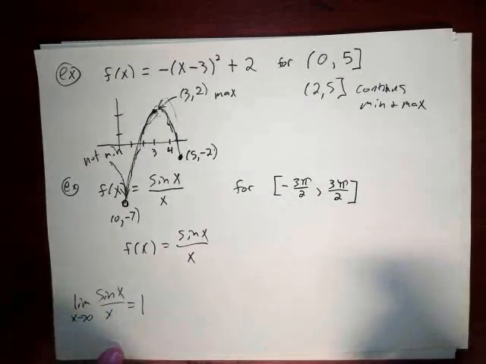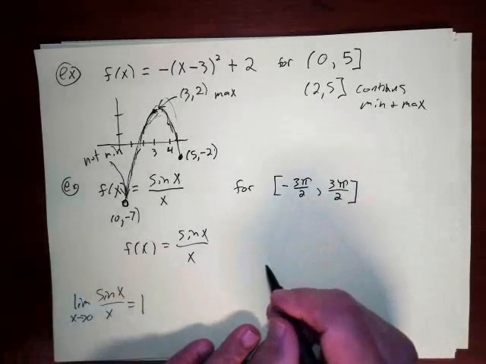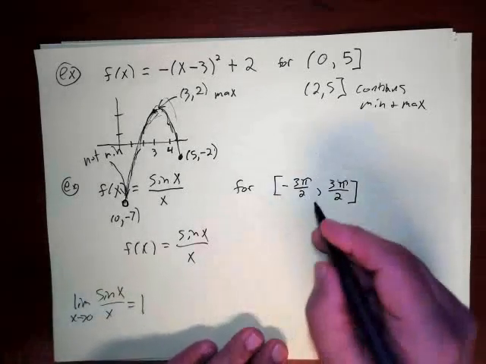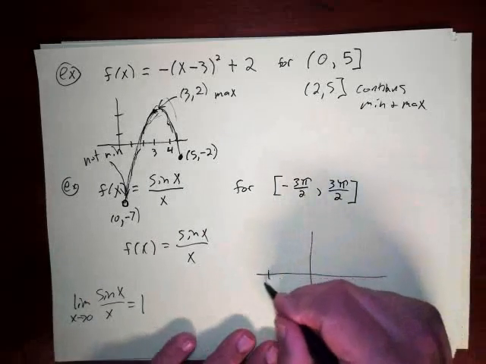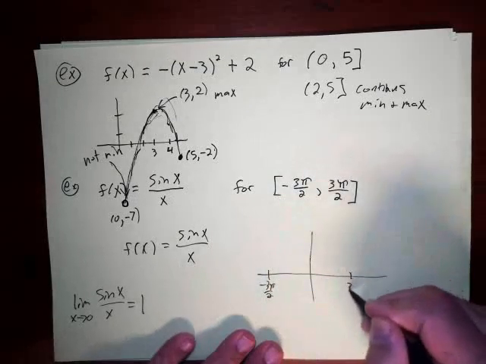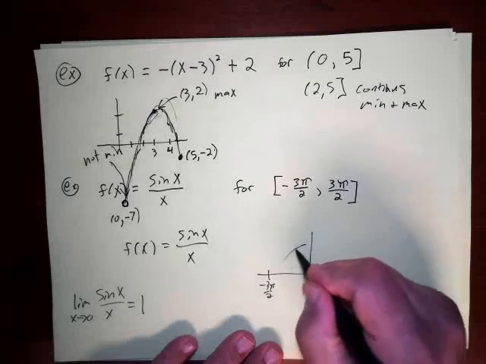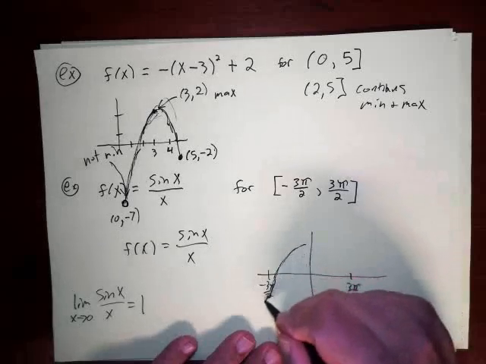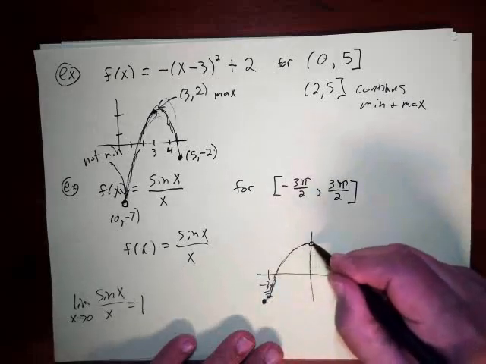This is the limit that I proved back in the previous chapter. And so let's say this is negative 3 pi over 2, and then you have 3 pi over 2. And what you actually get is something that looks like this, and it contains these endpoints. But there's an open circle here.